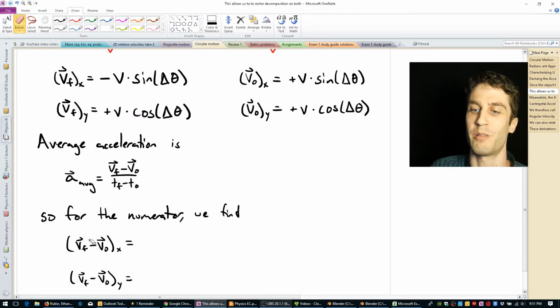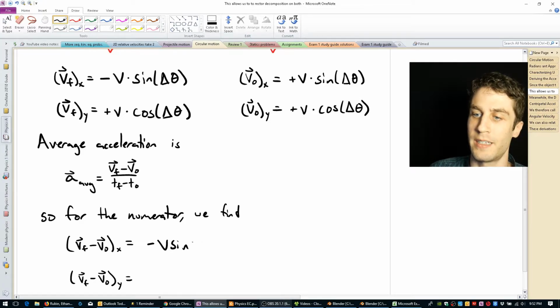I've put both of the vectors together and then just said take the x component of both of these. But you can take the x components individually. And v final x is negative v sine delta theta. And then we subtract v initial x, and so it's minus v sine delta theta, which is negative 2 v sine delta theta.